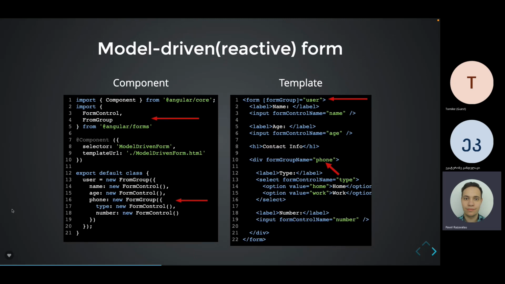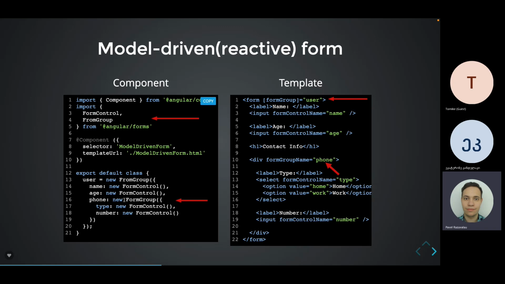As I mentioned at the very beginning, if we think about all the reactive form classes, such as form group, form control, and form array, the form group actually holds the object. So if we need the object, we create the form group.